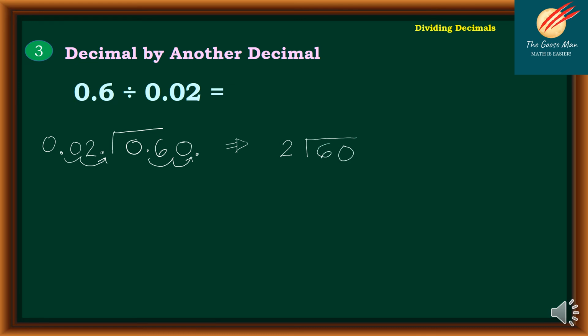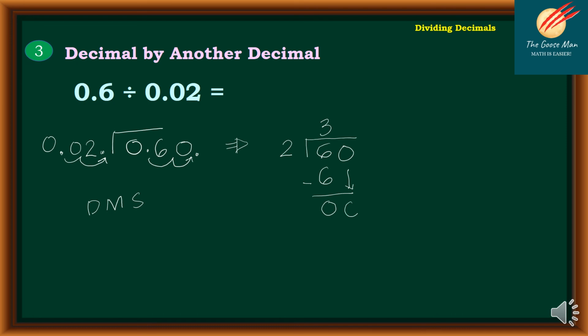So we can easily divide 60 by 2. So let's divide. Again, following the steps in dividing numbers, we have divide, multiply, and subtract. So 6 divided by 2 is 3. 3 times 2 is 6. Then subtract. This is 0. But do not forget, there is another digit on the right of 6, which is 0.